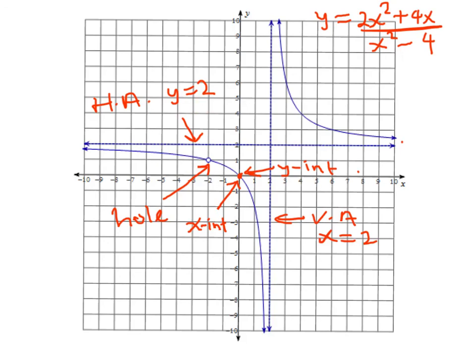We also found the domain to be all real numbers except negative 2 and 2, where we have the hole and the vertical asymptote. And we found the range to be all real numbers except 1 and 2.